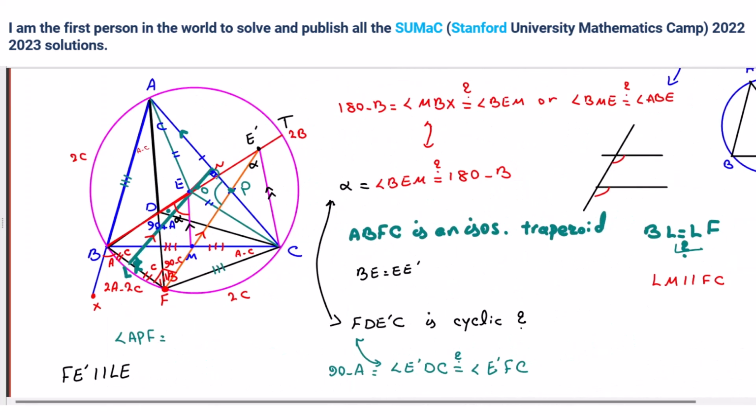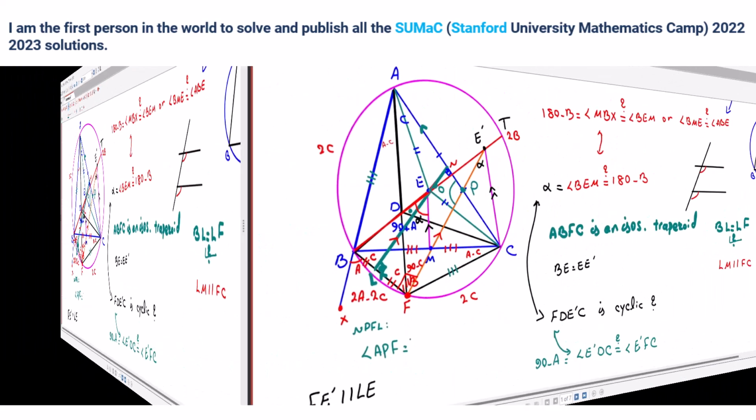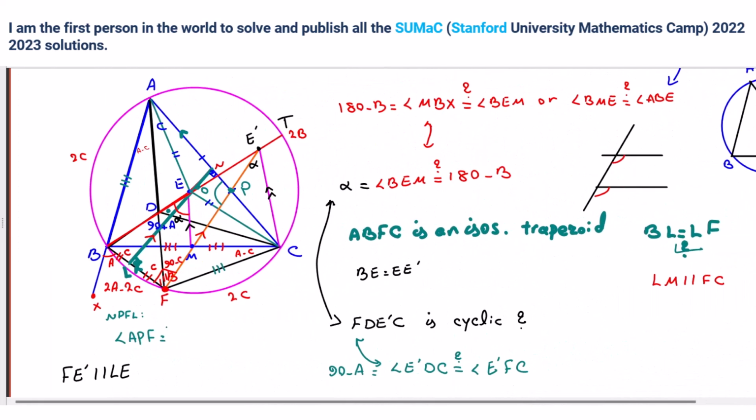Okay, look, consider this quadrilateral NPFL. Three of the angles are 90. N is 90, L is 90, F is 90, right? Yeah. So in a quadrilateral, if three of the angles are 90, what's the fourth angle equal to? 90.